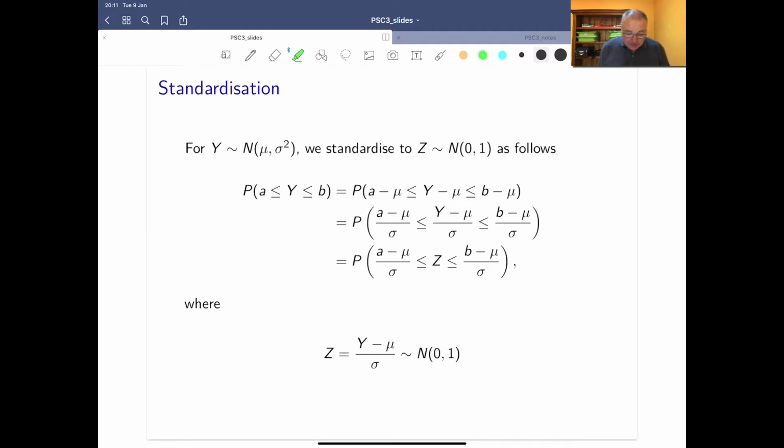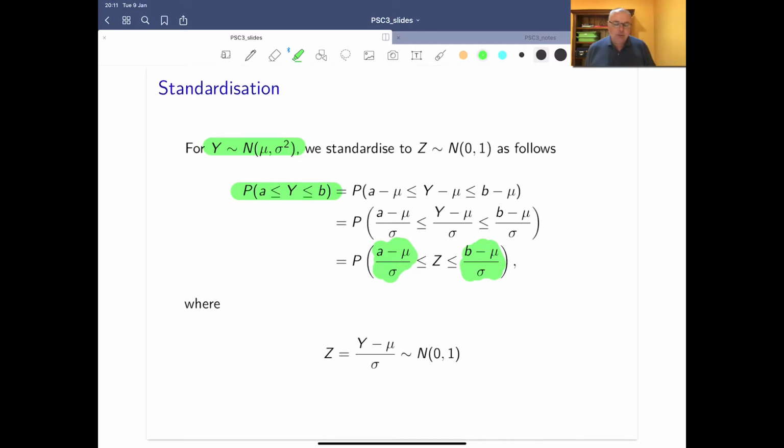So the whole idea is that if I had a normal distribution with a mean of mu and a variance of sigma squared, and I want to work out the probability that y lies between A and B, what we do is we take A and we take off mu and divide by sigma, and we do the same for B. And now I can work out my probabilities by using a standard normal table.